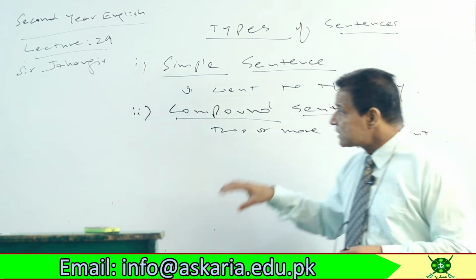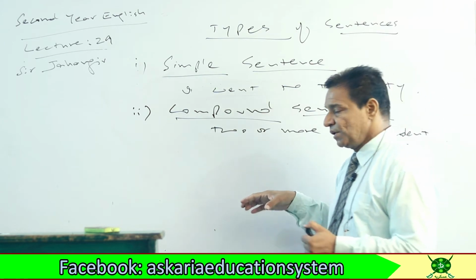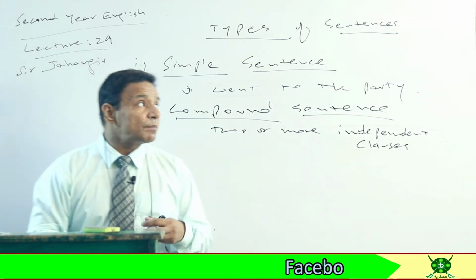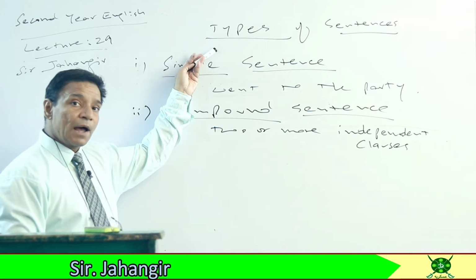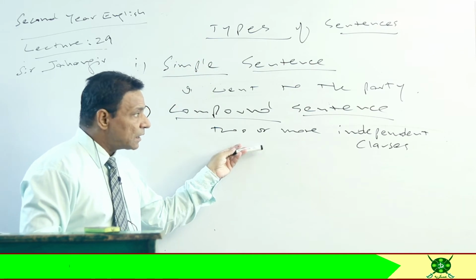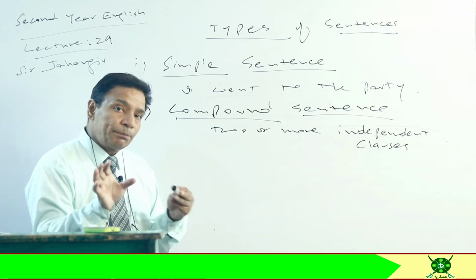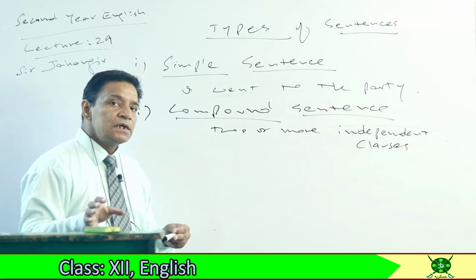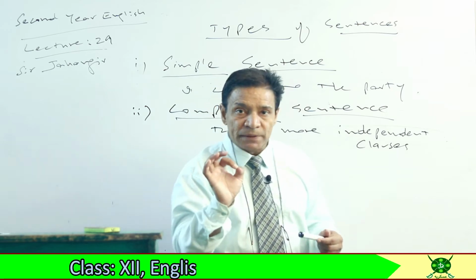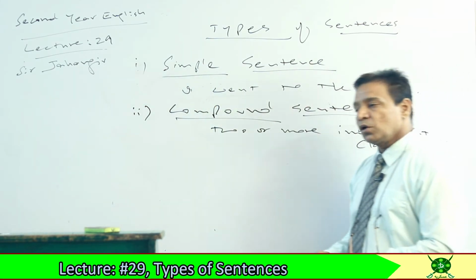We have to stress a lot on dependent and independent clauses, so before getting knowledge of the type of sentence, we must know about dependent and independent clauses. Compound sentence does not have any dependent clause. It's just having two or more independent clauses.